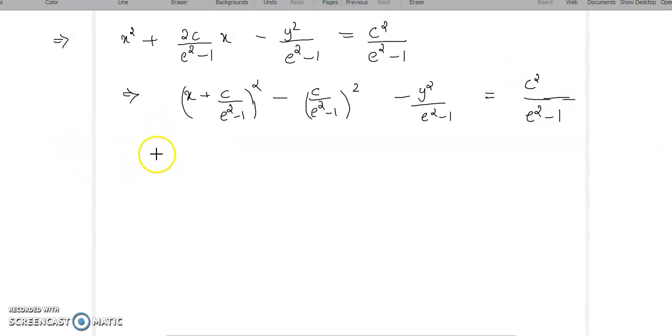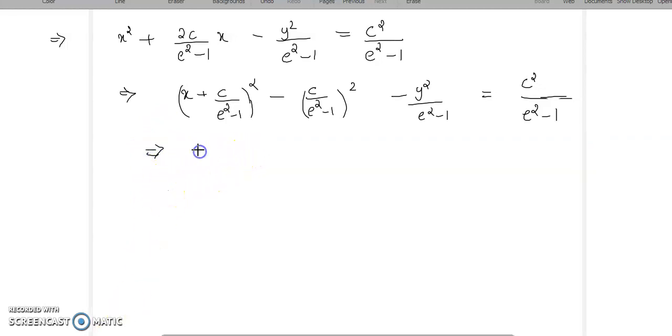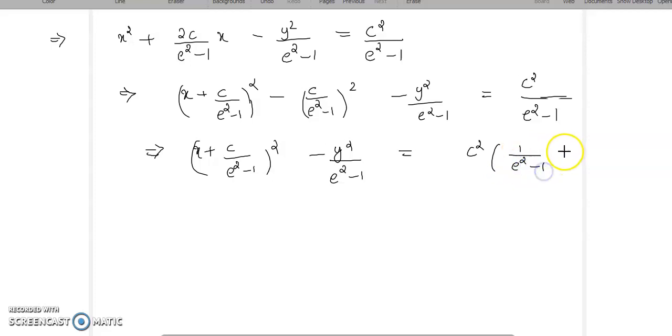So that will be equal to X plus C by E square minus 1 whole square minus Y square by E square minus 1, equal to C square into 1 by E square minus 1 plus 1 by E square minus 1 whole square.